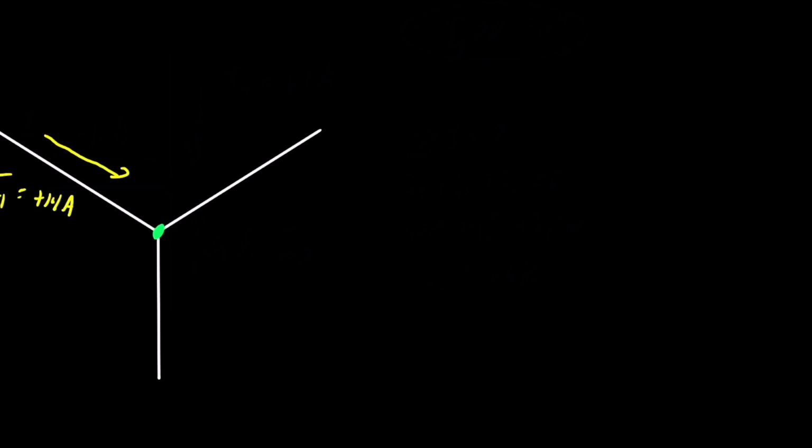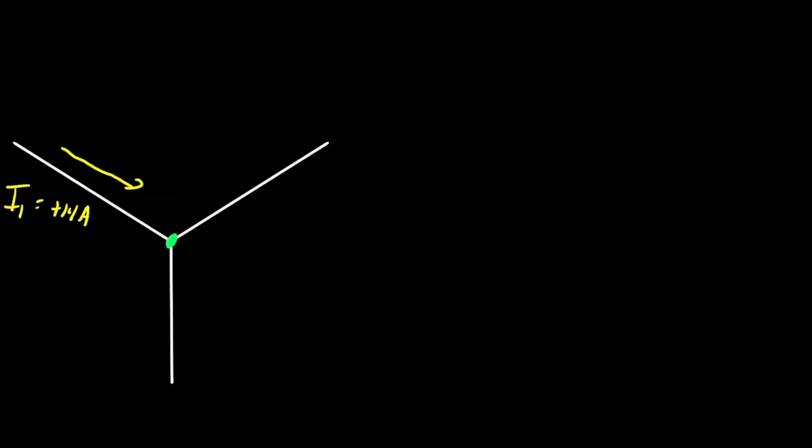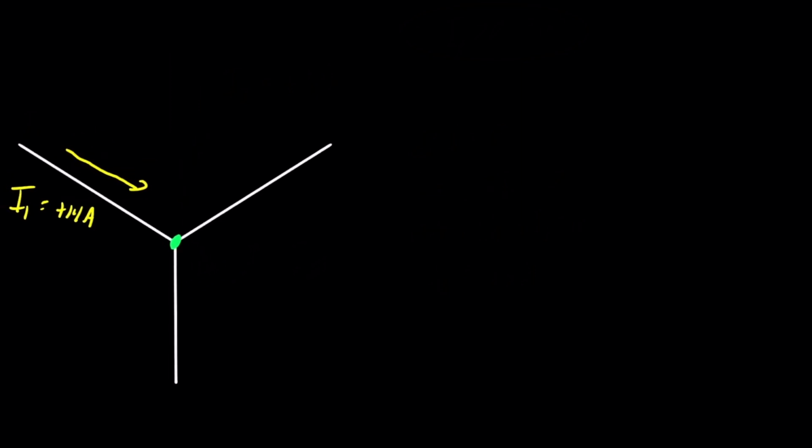Now, let's do another example where we have this formation right here, and the junction is there. We have current 1 being 14 amps, and it's going into the junction.